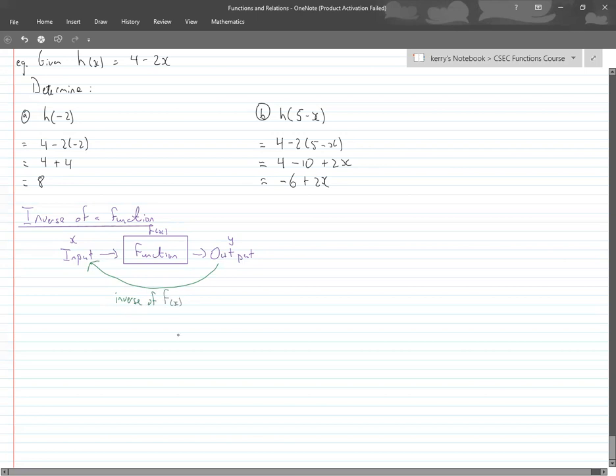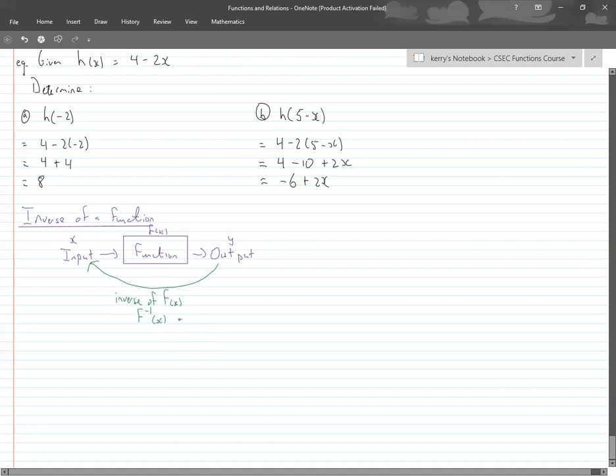Inverse of f of x. Right? You can think about it as reverse as well, but it is more the inverse of f of x. Now, the symbol given to this is f, and you'll have a little -1 above the f, a superscript to the f, and then x.